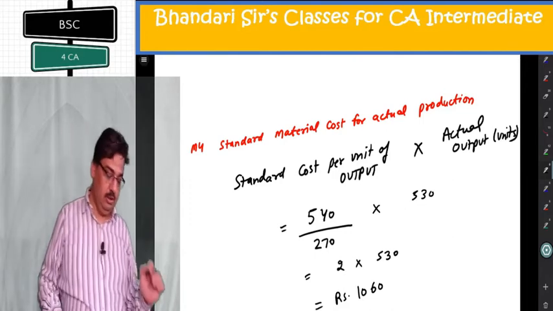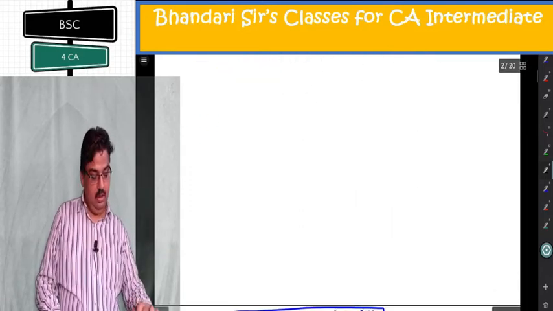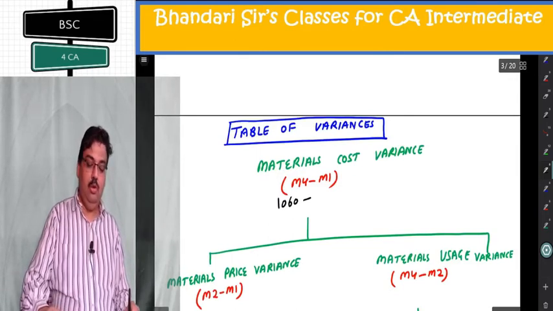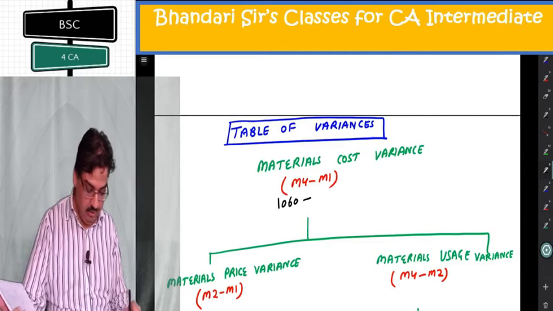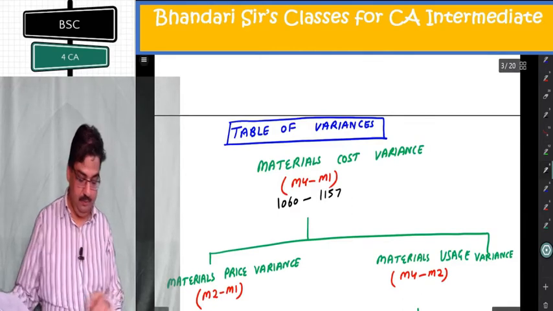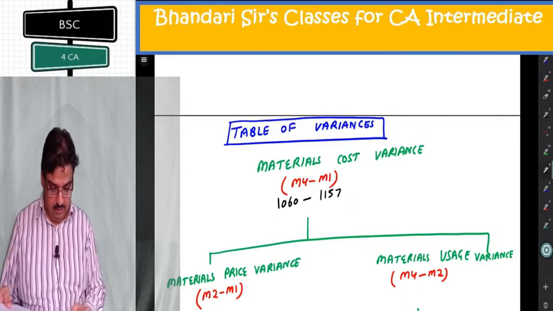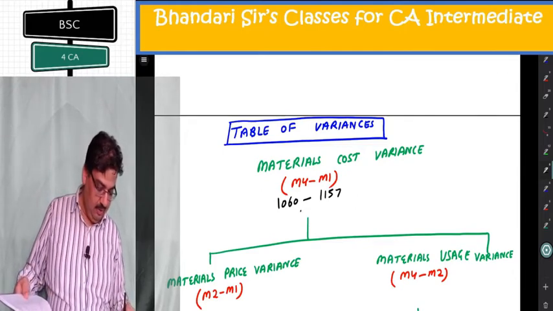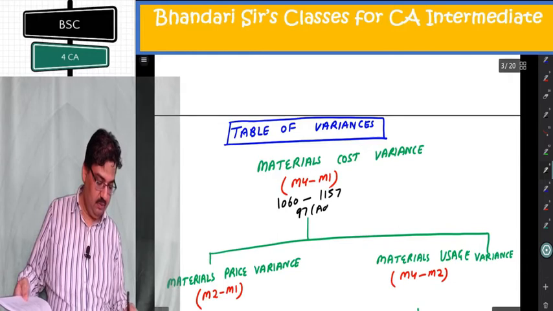Rupees 1060. Here I am getting the table of variances. 1060 minus M1, which was given there as 1157. 1060 minus 1157 is 97 adverse.